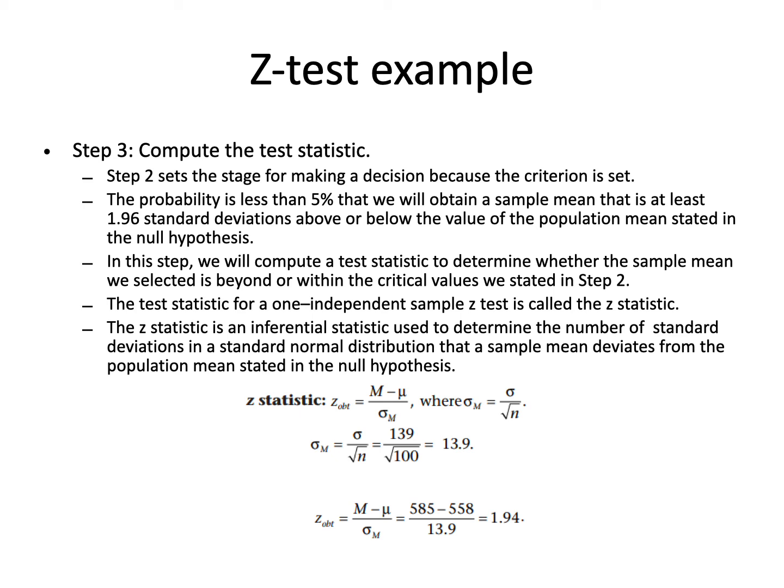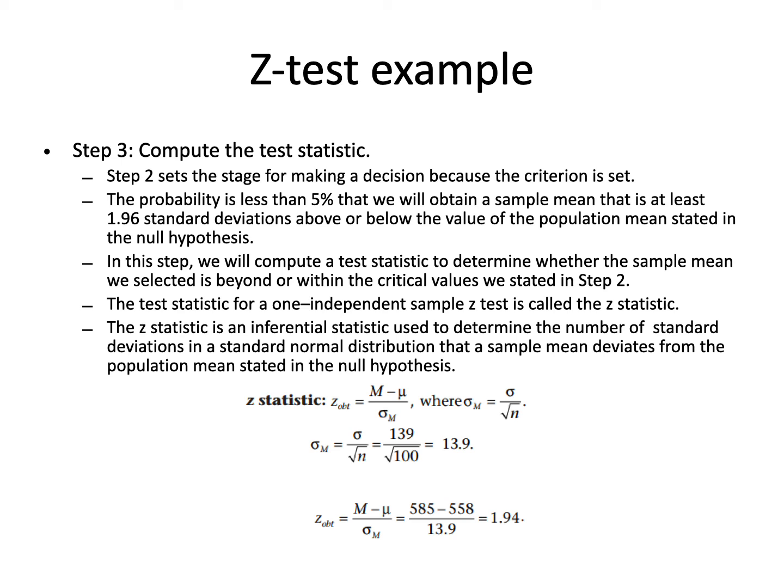As we have discussed before, there are various types of test statistic that we can use, basically on the basis of the number of samples and whether the standard deviation of the population is given or not. The z statistic is an inferential statistic. It is used to determine the number of standard deviations in the standard normal distribution that a sample mean deviates from the population mean stated in the null hypothesis.